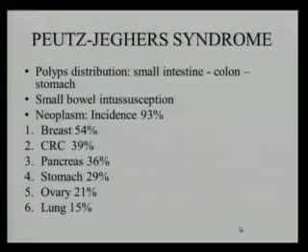So if you are consulted for small bowel intussusception in someone young, you need to look into the pathology and make sure they don't have a hamartomatous polyp stuck there that led to the intussusception.